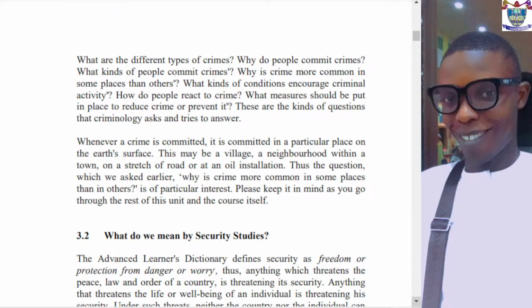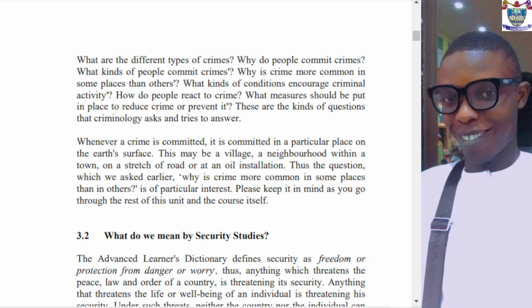Now, what are the different types of crimes? Why do people commit these crimes? What kind of people commit crimes? Why is crime more common in some places than others? What kind of conditions encourage criminal activities, and how do people react to crime?